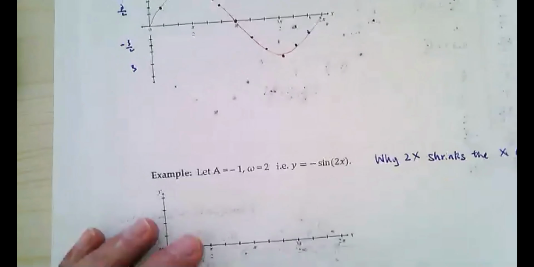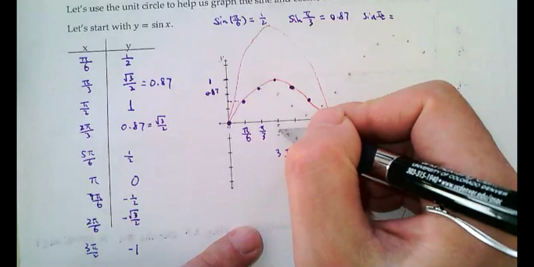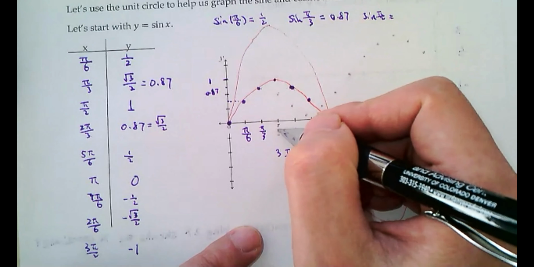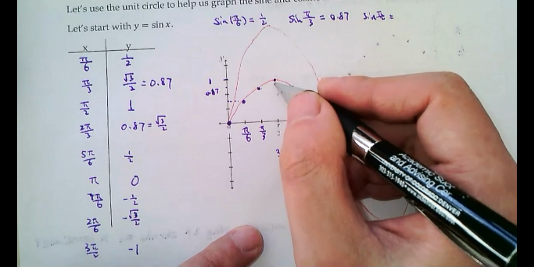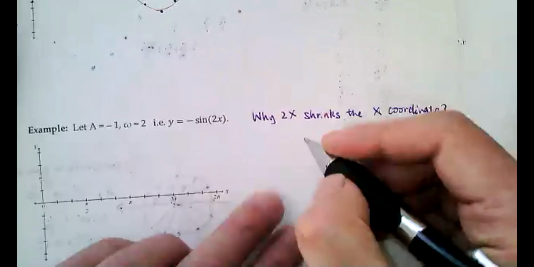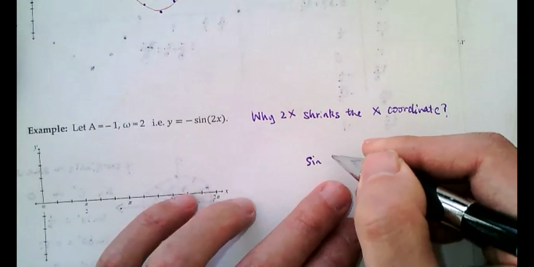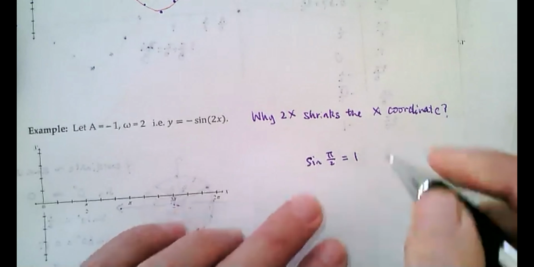Okay, this is our original graph without shrinking. When x is pi over 2, sine x is 1. So sine pi over 2 is 1.